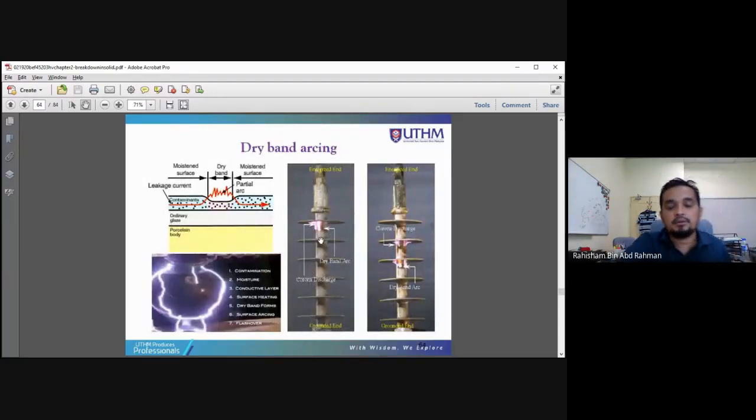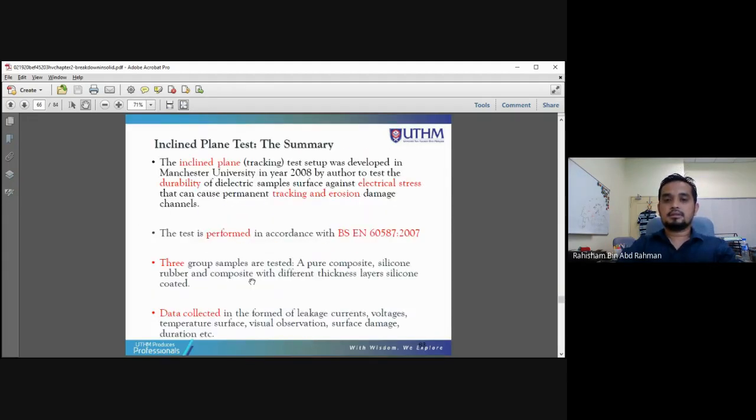Once we have the tracking, it starts to make a normal path for the current flow, and hence that will trigger corona discharge or dry band arcing. Dry band arcing, with very intense heat, will burn the insulator, and at the end of the day, that will lead to the failure of the insulator.